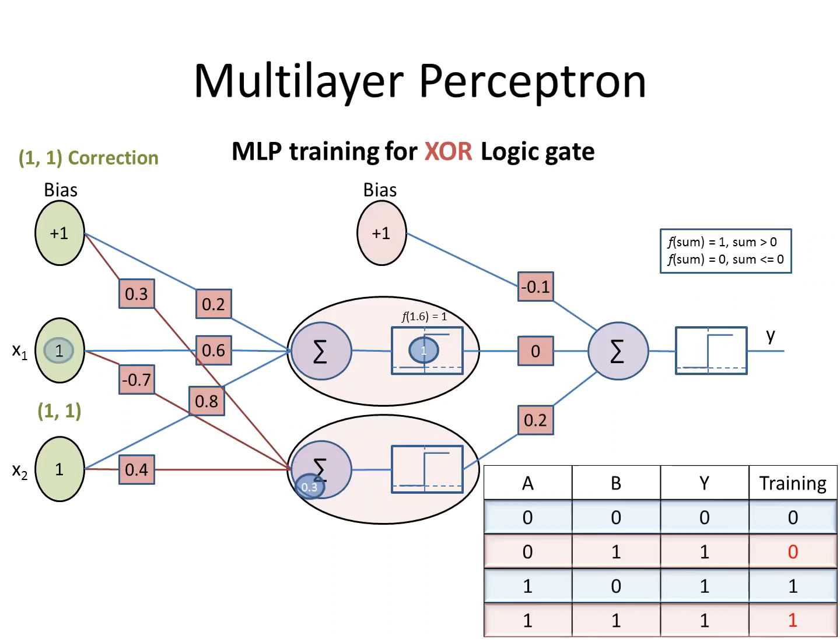Next, in the second neuron, first the bias provides me a minus 0.3, then minus 0.7 for the first input, and the second input gives me a 0.4, so it's 0. After passing through the threshold function, it gives me a 0, and now this will act as an input for the output layer. First it gives me the minus 0.1, 0 and then 0, so that is a minus 0.1. So the threshold function will give me a 0, so this is correct now.